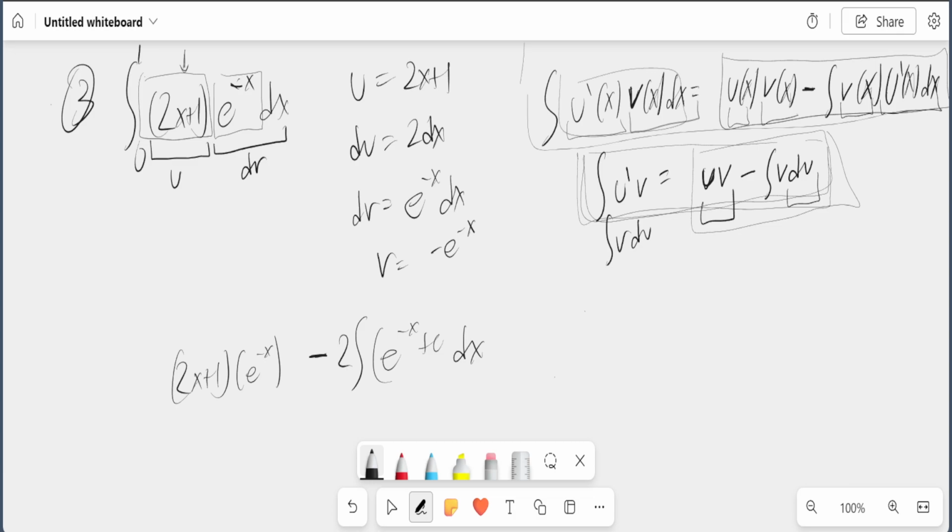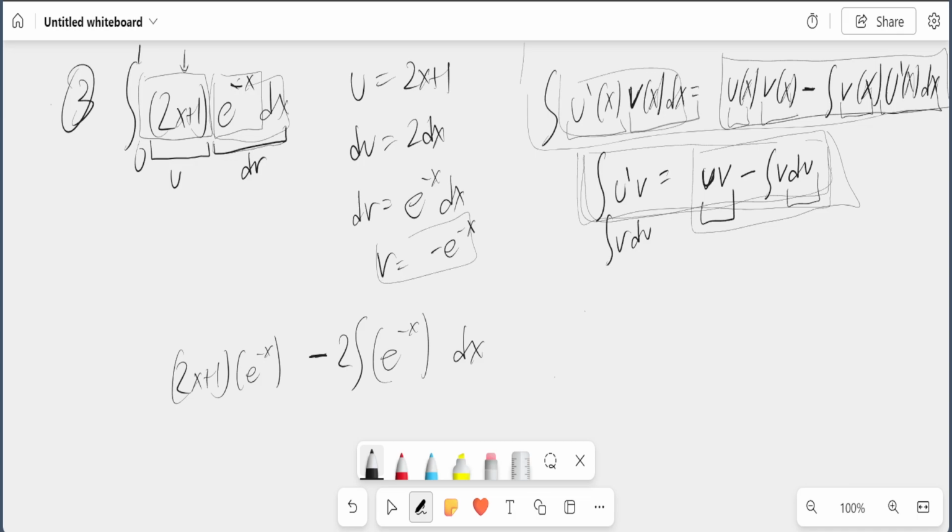u is your terminating function, right? Because in some problems you might have to do parts multiple times. The ones we've done so far, you only need to do it once, but sometimes you need to do it multiple times. If you choose the function that, when you take the derivative, you get the same thing, you're just going to keep doing parts endlessly.